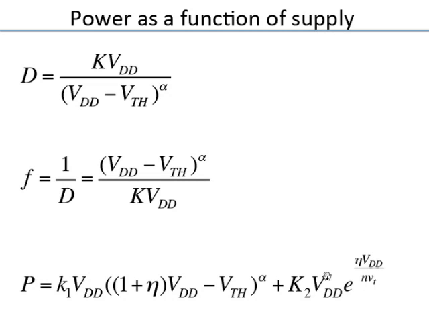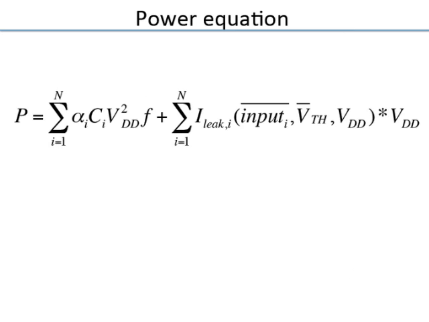Now I just want to go into this equation a little bit so that you can see that it's not that difficult to derive. First, I've taken this leakage current I, and remember the leakage current has a functional dependence on the threshold voltage. Here we are looking mainly at subthreshold leakage current, not the junction leakage currents. The subthreshold leakage current goes as e to the minus VTH by VT.